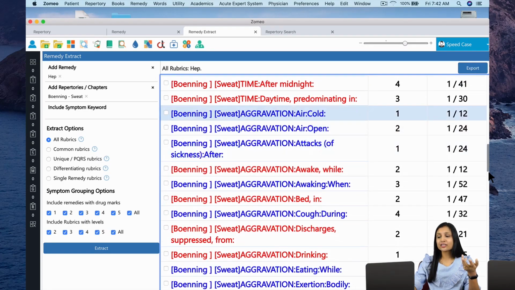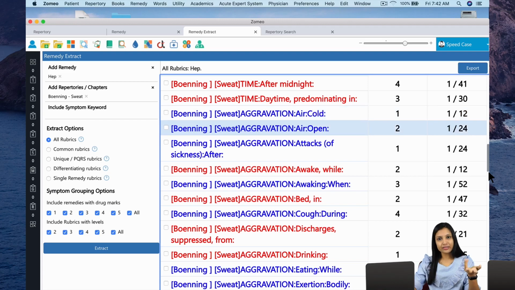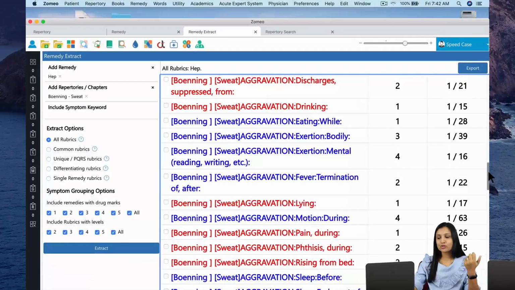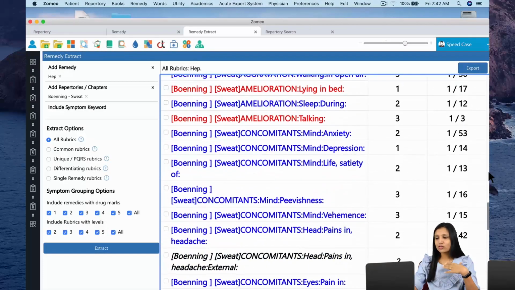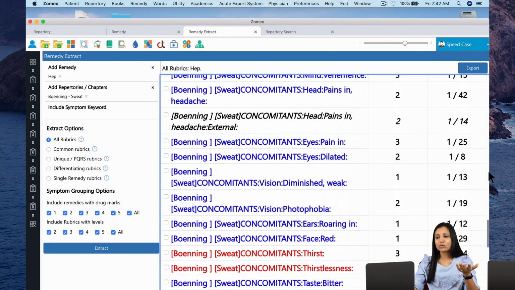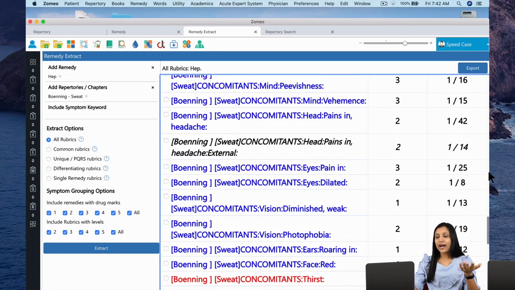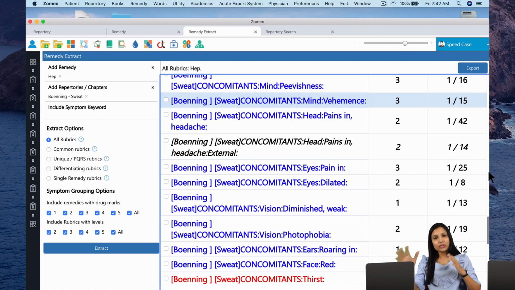Perspiration aggravated cold air and open air. Okay, very remarkable symptom in Hepar, because usually perspiration tends to go down when you are exposed to open air or cold air. Okay, and the perspiration is so irritating that he feels vehement in the mind when he is perspiring.